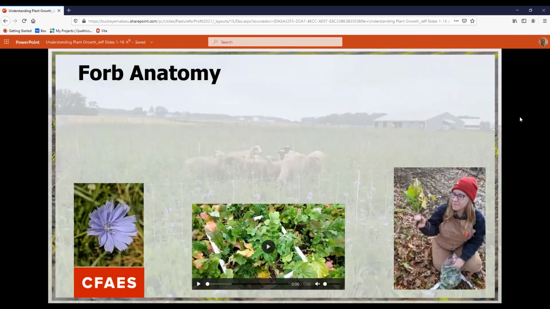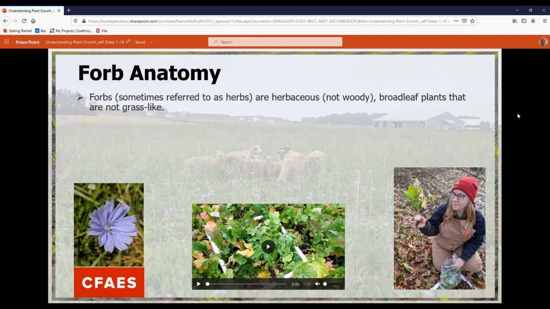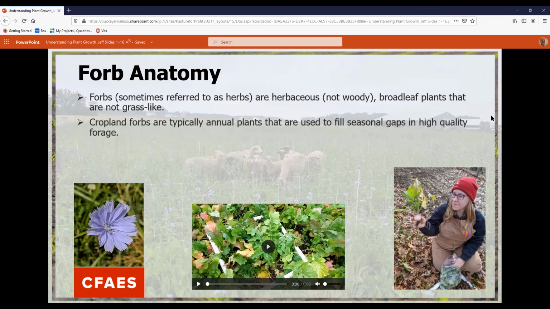In our pastures, we also have something called forbs. Forbs, sometimes people call them herbs, or they are herbaceous, not woody, but they're broadleaf plants that don't fit either legumes or grass-like structures. Typically, we'll see these as annuals or in mixtures. Some can be used to fill seasonal gaps.